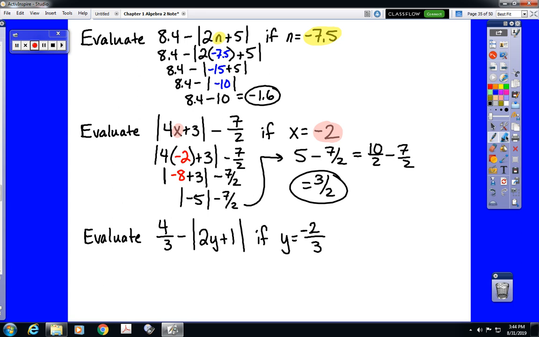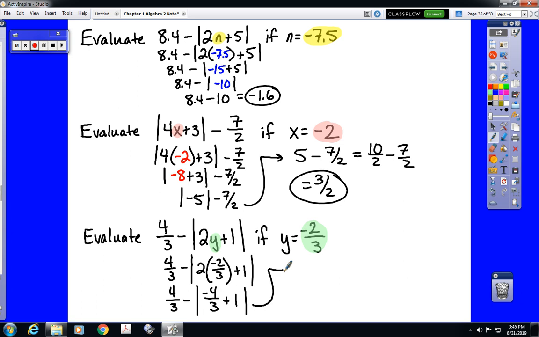One more, and then we'll call it a video. We're going to plug negative 2/3 in for y. So we have 4/3 minus the absolute value of 2 times negative 2/3 plus 1. 2 times negative 2/3 is negative 4/3, so 4/3 minus the absolute value of negative 4/3 plus 1.